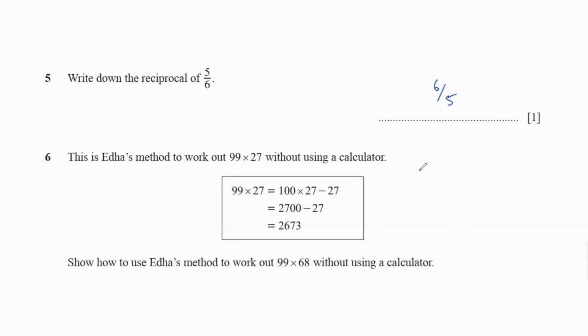So if you follow the same thing, 99 times 68 would be 100 times 68 minus 68. 68 times 100 is going to be 6800 minus 68. So now if we subtract 68 from 6800, that gives us 6,732. And that is your answer.